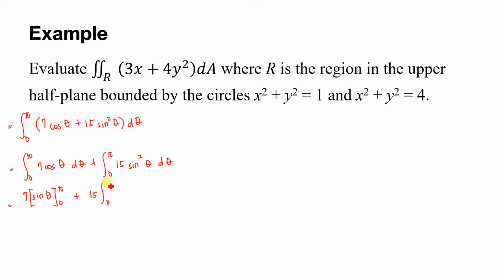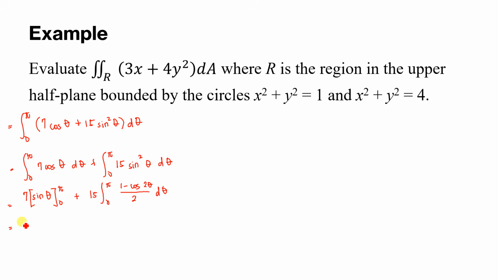The identity of sine squared theta would be 1 minus cosine 2 theta over 2.